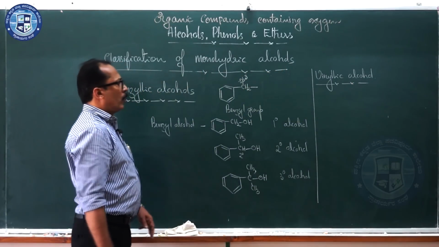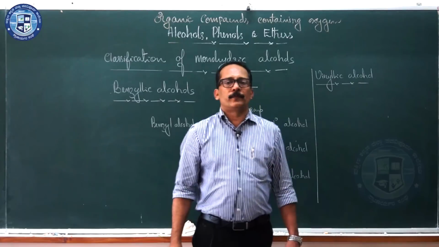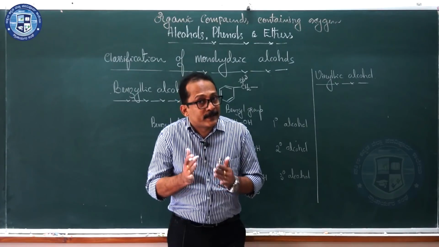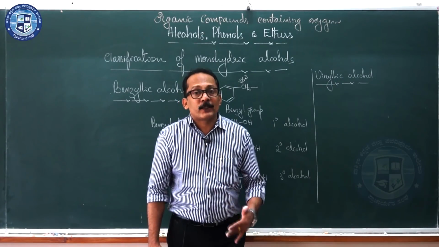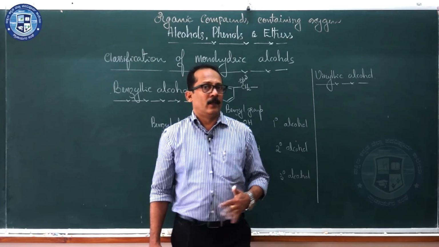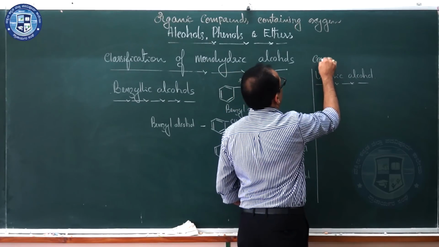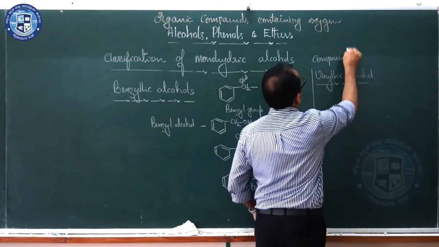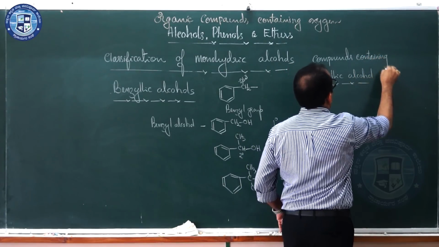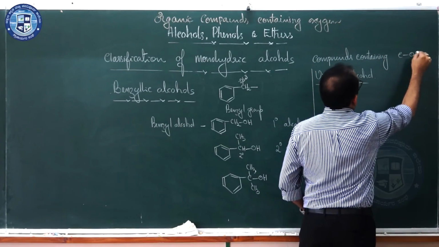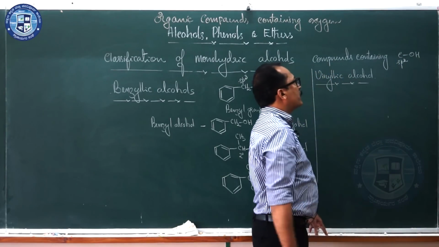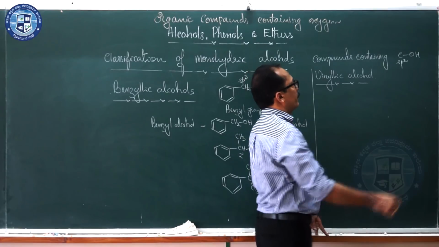See, in vinylic alcohol, OH group is attached to vinyl group, or here OH group is attached to sp2 hybridized carbon atom. So, the compounds containing OH group attached to sp2 hybridized carbon atom.